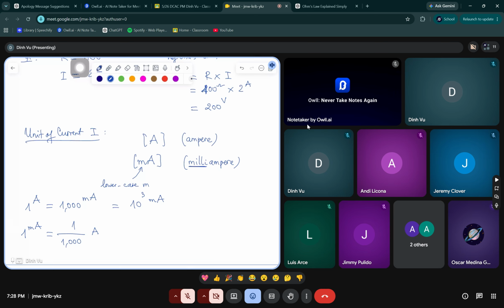Instead of writing 1 over 1,000, we write 10 power negative 3 of ampere. 10 power negative 3 means 1 over 1,000, 1,000 times smaller.